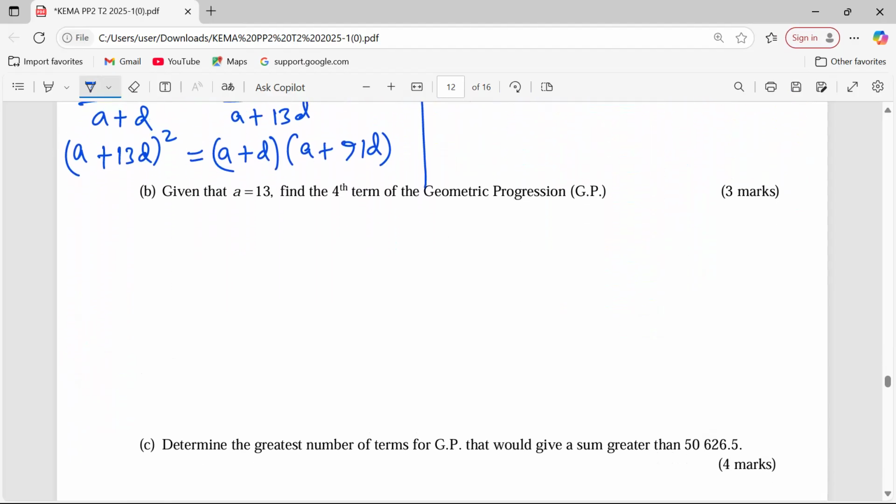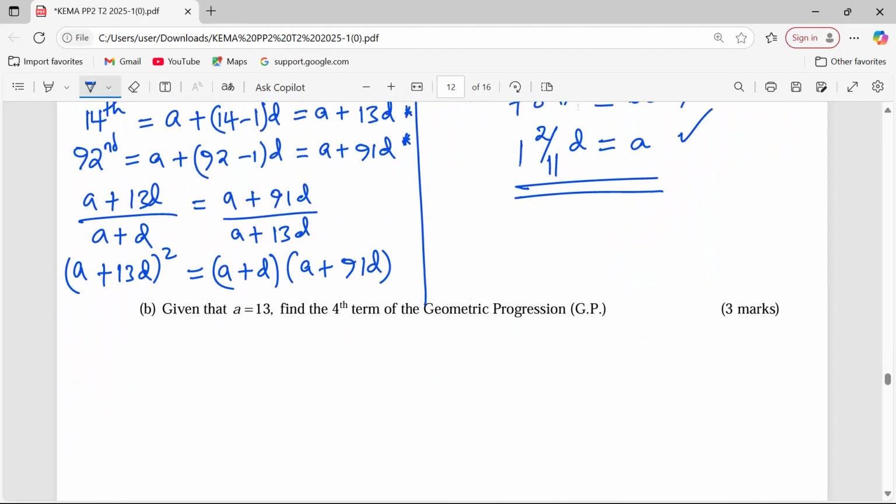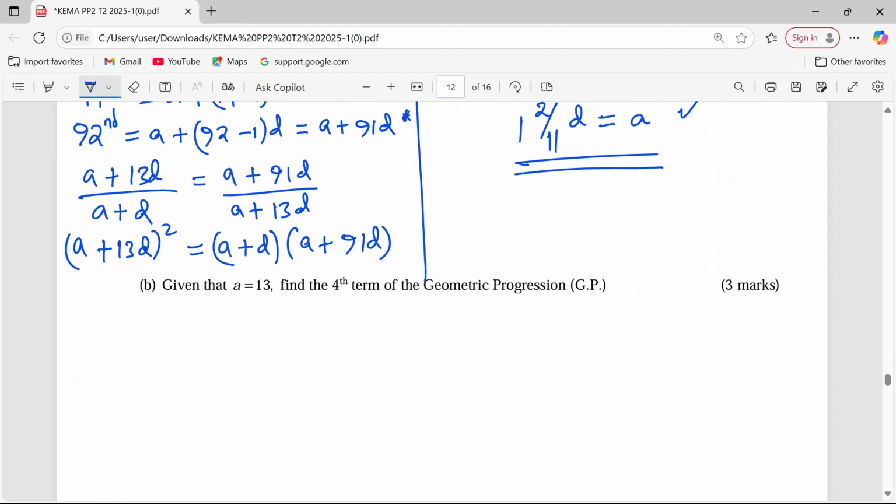Now part b: given that the value of a is 13, find the fourth term of the geometric progression. So let's say that the value of a is 13. So 13 is equivalent to 1 and 2 over 11 d.